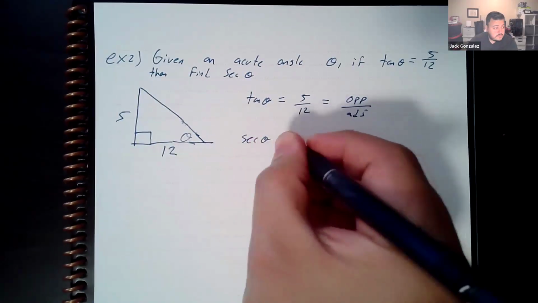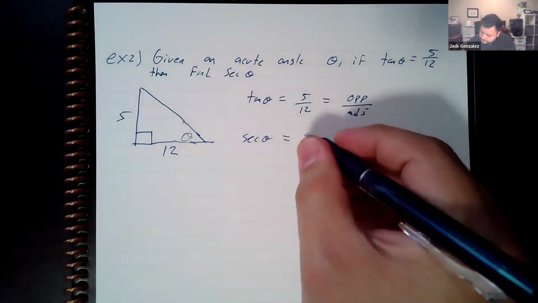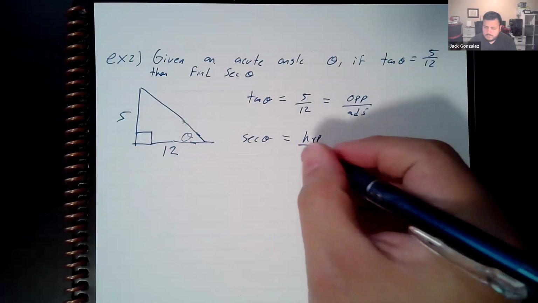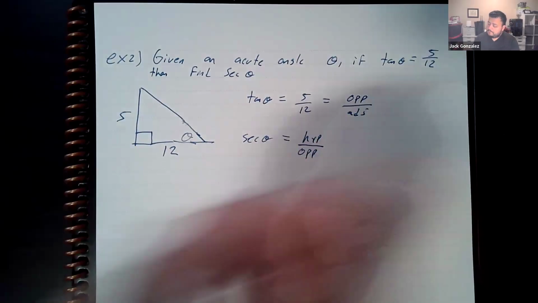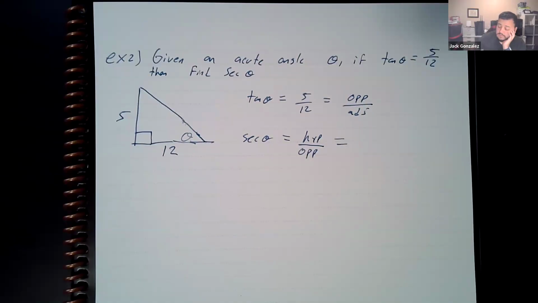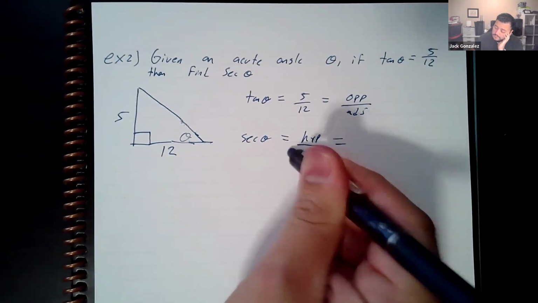Secant theta is, excuse me, hypotenuse over opposite, right? So, I thought it was hypotenuse over adjacent. Yes, it is adjacent.